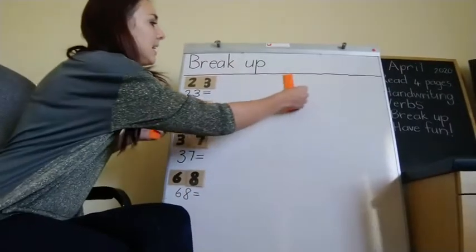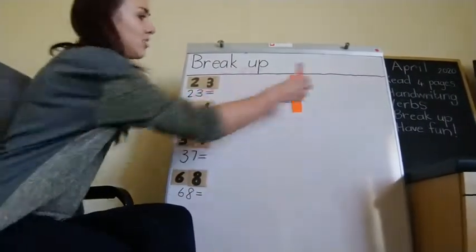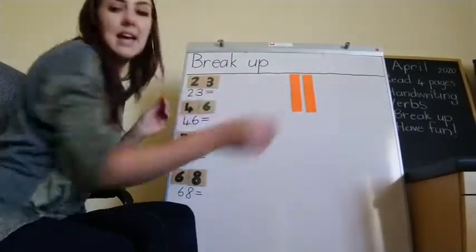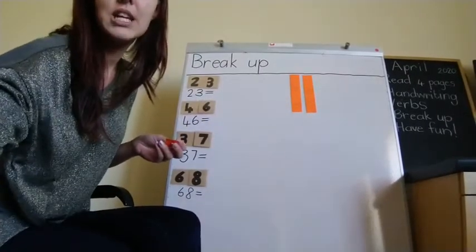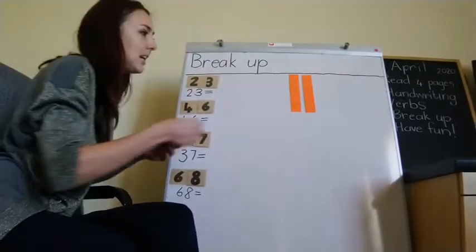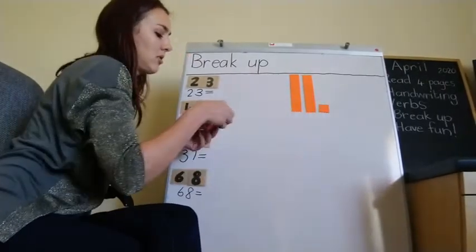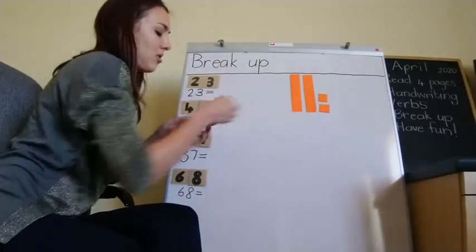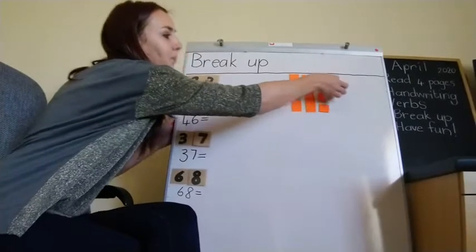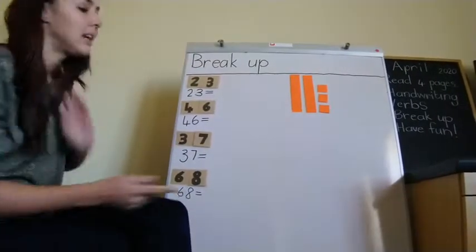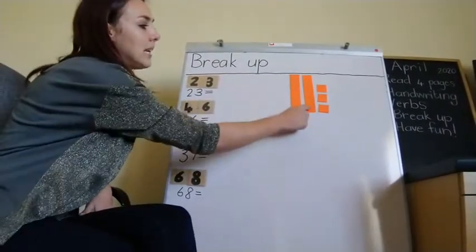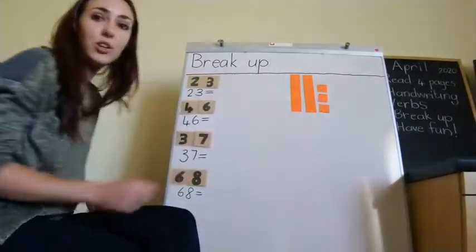It's a 10 and a 20, and then I've got 3 units. 1, 2, 3. Okay, so there we go. I have 10, 20, and then 1, 2, 3 units.